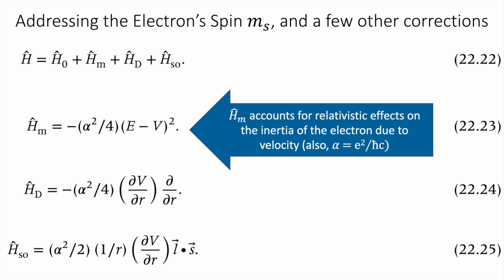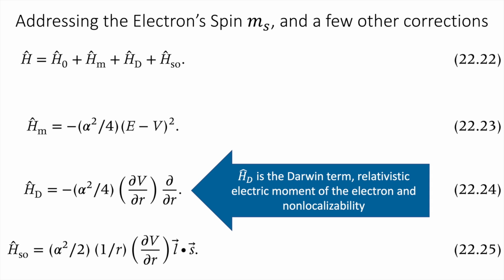So this H of M accounts for the relativistic effects due to the inertia of the electron due to velocity, right? If the electron's moving, it must have some inertia to it, and this accounts for some of that. And H hat of D is known as the Darwin term.